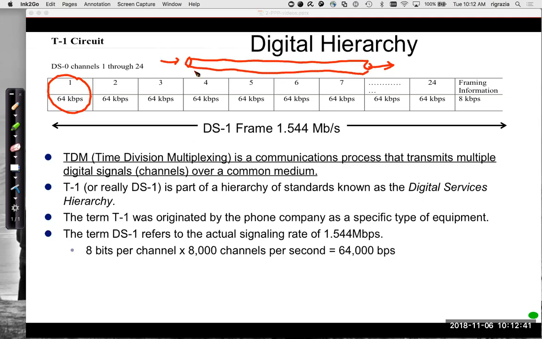You could actually use this for data, and what we call a fragmented T1. So you might purchase a certain number of channels for your data. It's called a fragmented T1, or you might purchase the whole thing, the entire circuit, for a T1 circuit.